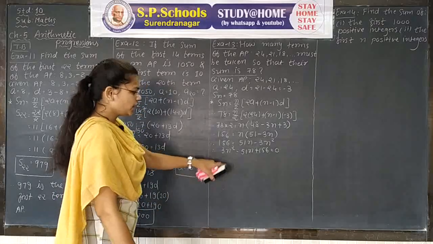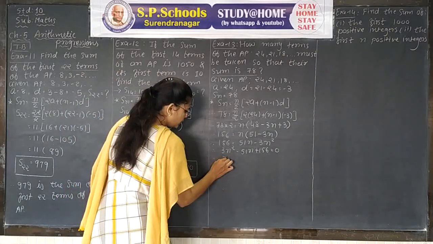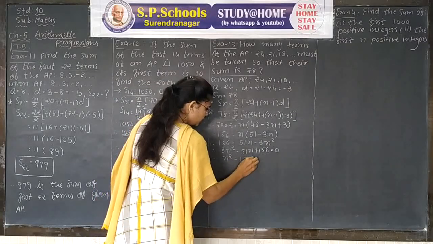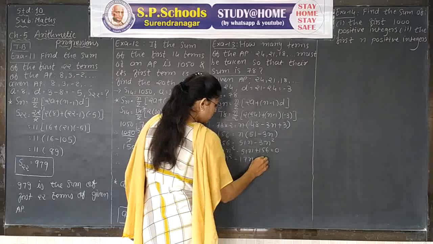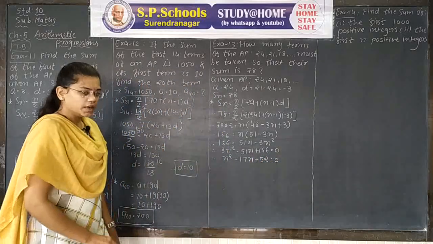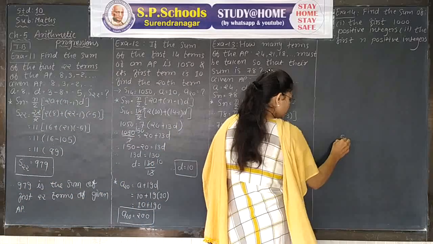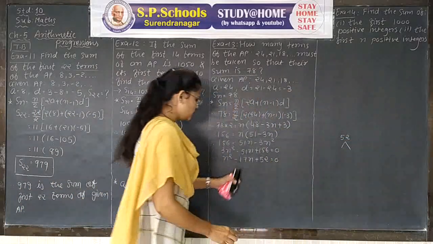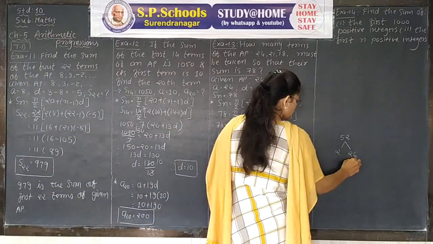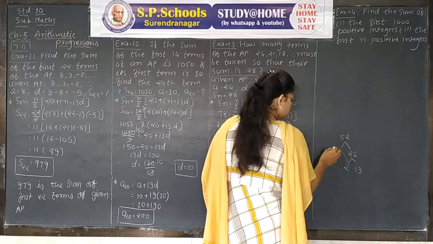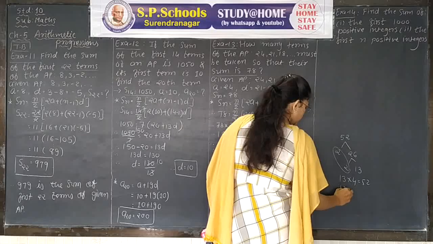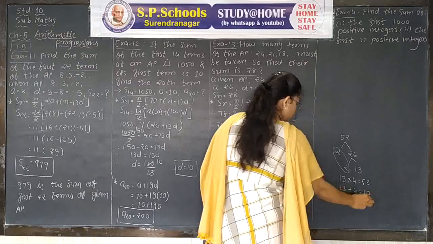Now first of all see here 3 is common, that's why we get n square minus 17n plus 52 is equal to 0. Now we find the factors of 52 whose addition is 17 and whose multiplication is 52. 52 divided by 2 is 2 into 26, 2 into 13, make it a pair, 13 4s are 52 and 13 plus 4 is equal to 17.